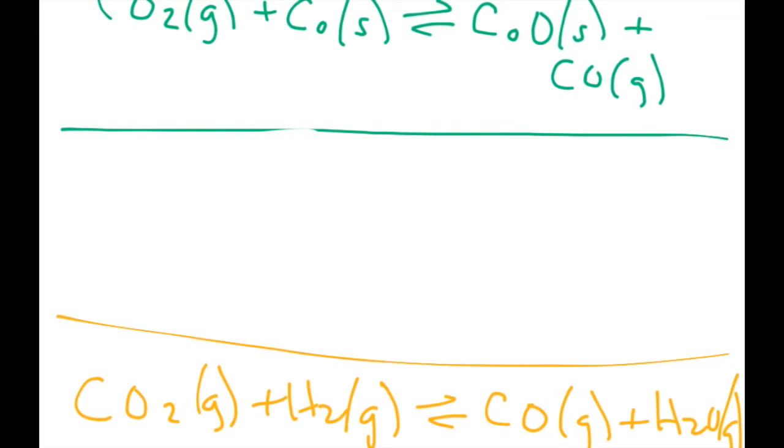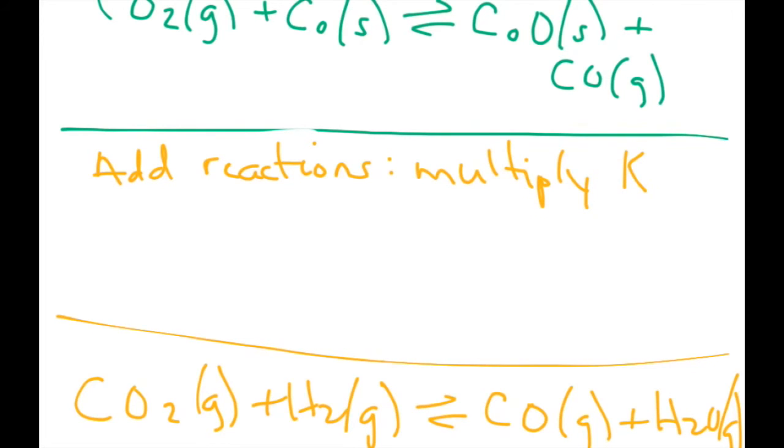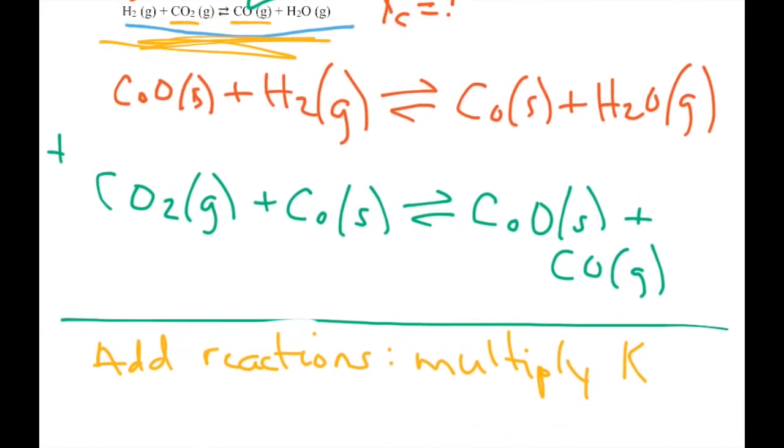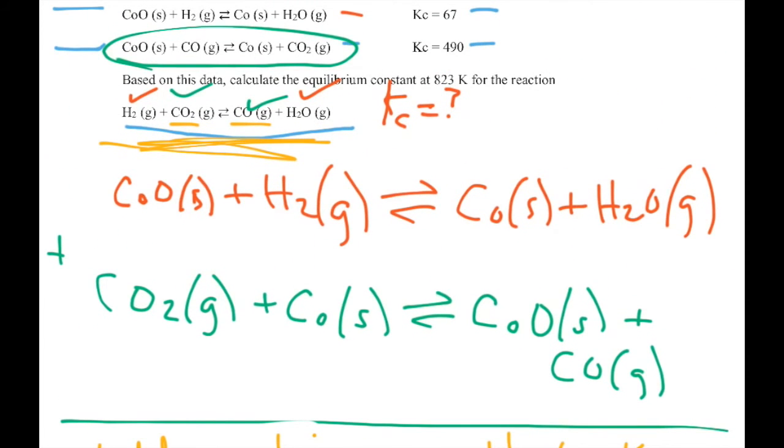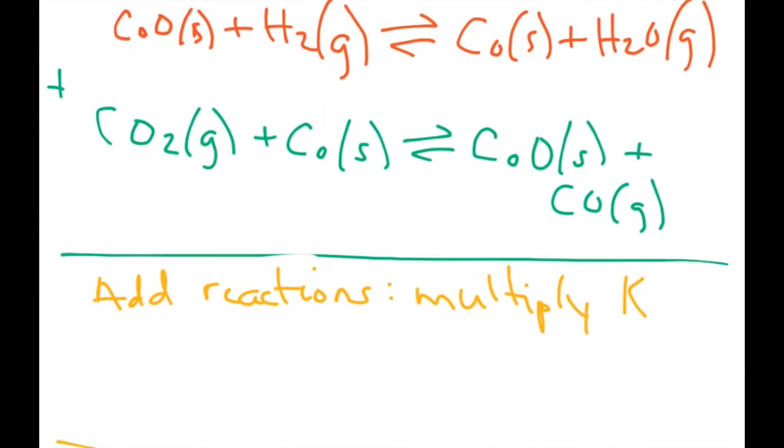Okay, so when we add equilibriums, when you add the reactions, you actually multiply the K values. So in this first one, we took this top subcomponent reaction and kept Kc the same.